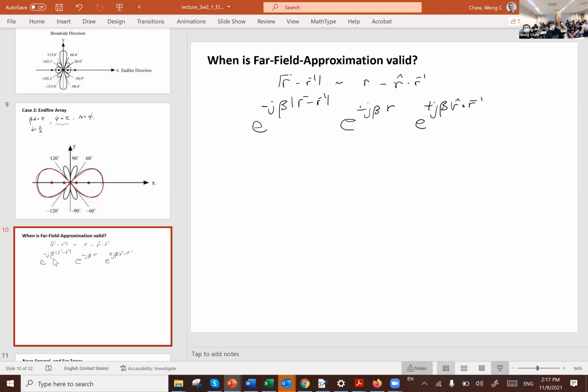And we are not too careful about the denominator. We say that the denominator, we're just going to approximate as such. Why is it that we're not too careful about the denominator, but we have to take great care to make this approximation? Does anybody know? Yeah.